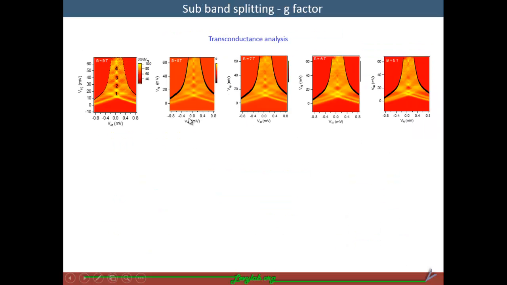To extract the g factor, we further analyze the transconductance data at various magnetic fields.